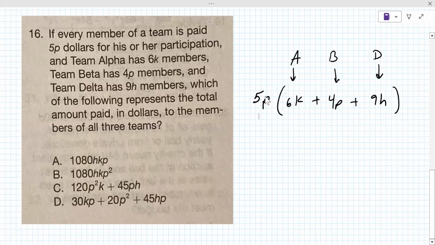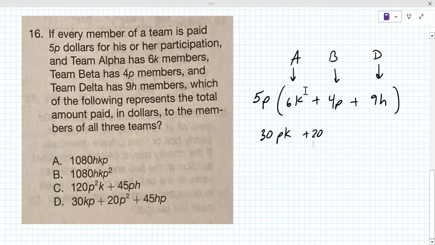So what I'd like you to do, or we can do it together here, let's take 5P and multiply it by 6K. So you can multiply the numbers together, 5 times 6, that's 30. And then P times K is PK. And then for the next one, you would take the 5 and multiply by the 4. That's 20.